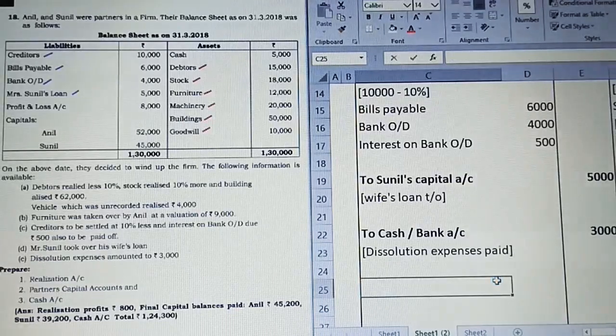Now just observe. So all the adjustment is over. All the 5 adjustment is over.